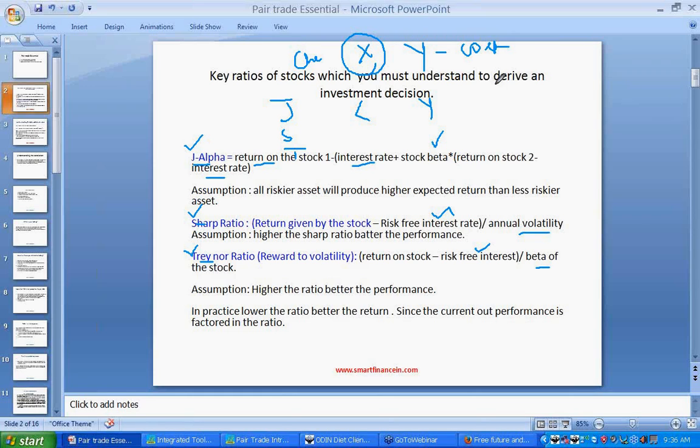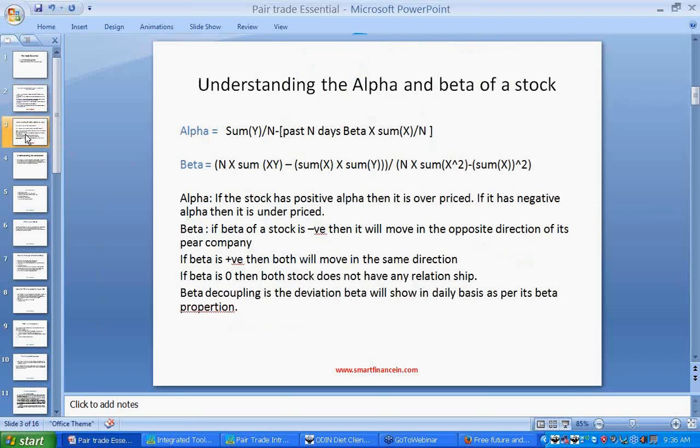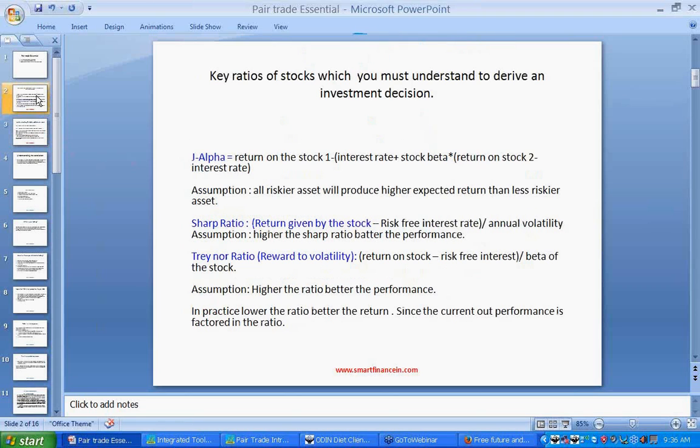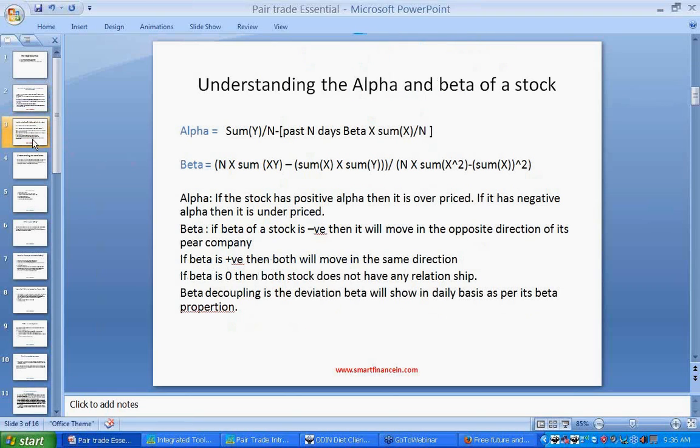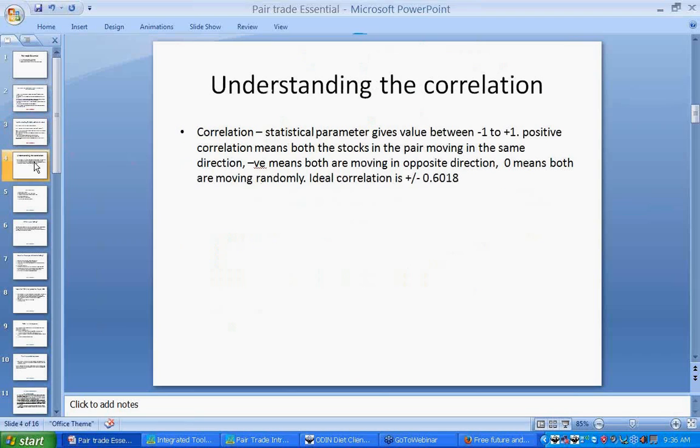So the trade process is that you buy the cheaper counter and sell the costlier counter. But this buying and selling decision is not taken at this stage, while calculating Jensen's alpha, Sharpe ratio, Treynor ratio or beta.